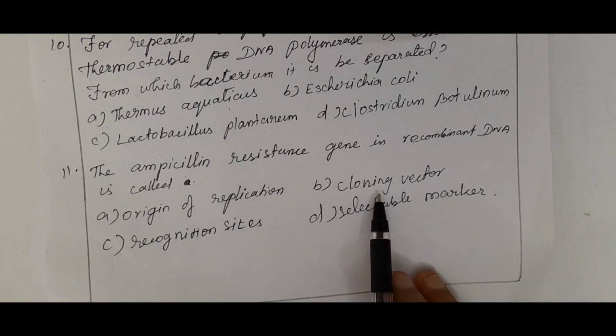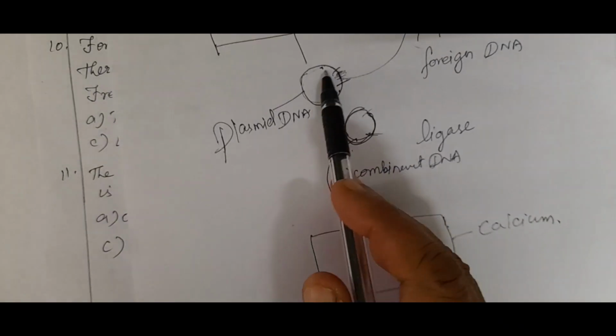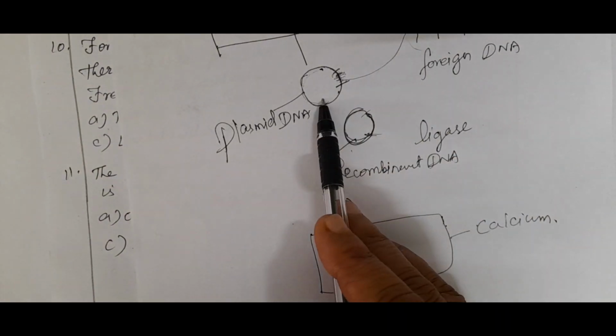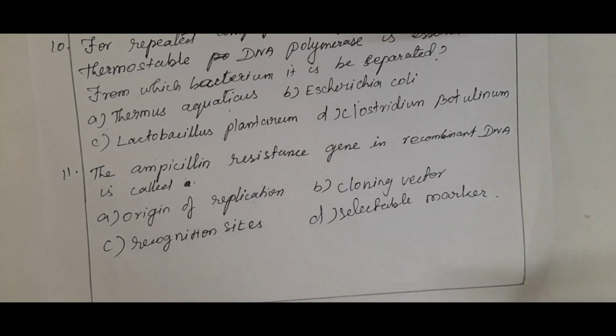This is the cloning vector, you know well. I told you earlier that this is the cloning vector which carries the foreign DNA along with it. The next one is recognition sites. For the foreign or alien DNA, the vector needs to have very few, most preferably single, recognition sites.